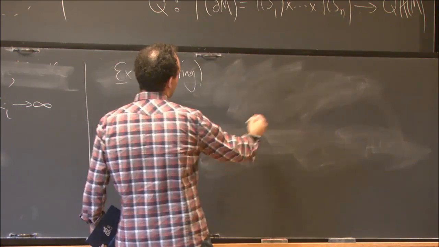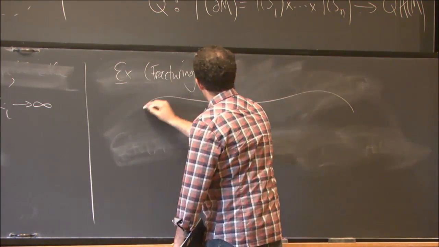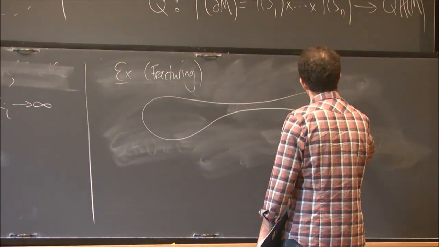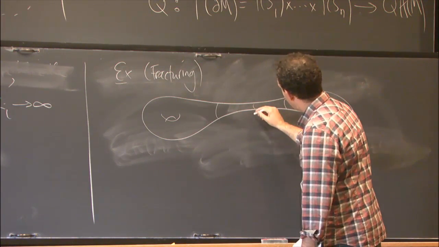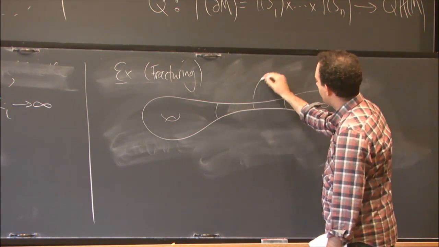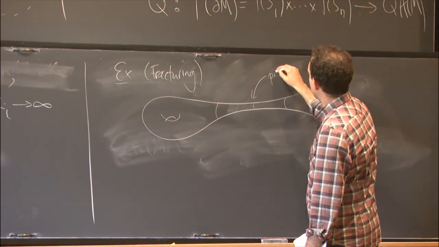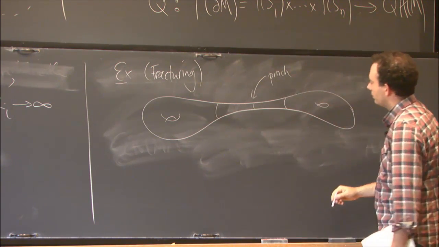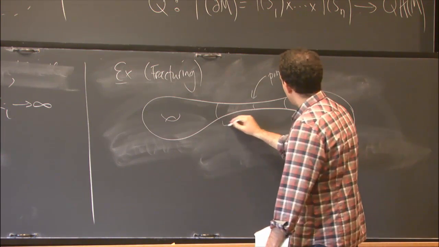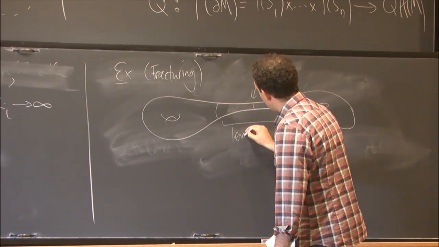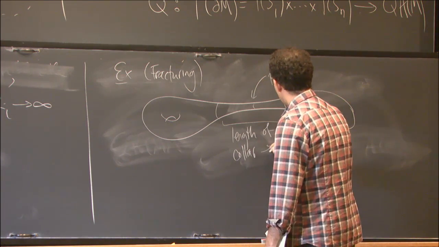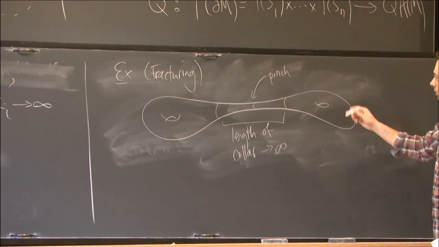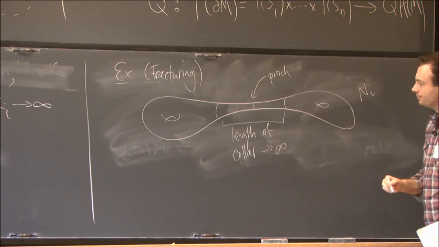So here, let's take some hyperbolic surfaces. And what I want to do is pinch this separating curve here, so the length of this collar goes to infinity. And here are my manifolds Ni.